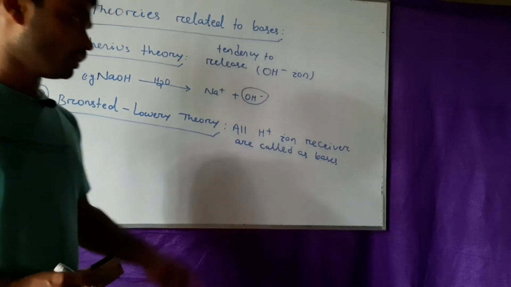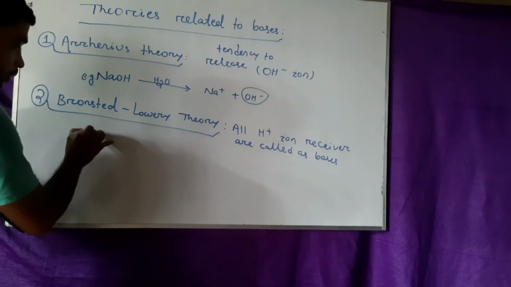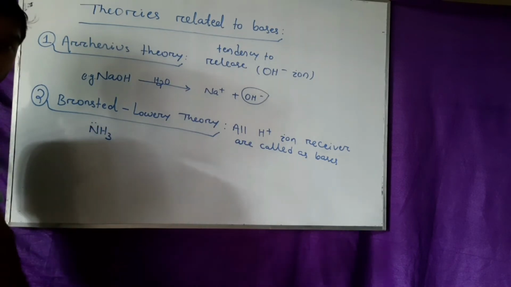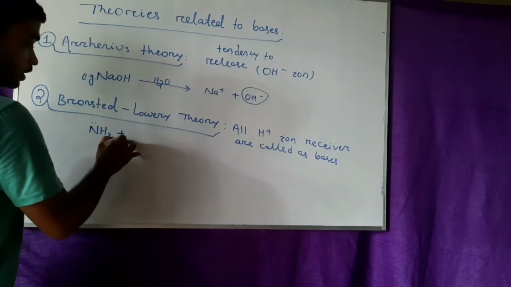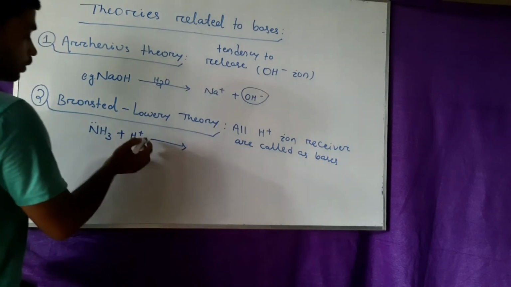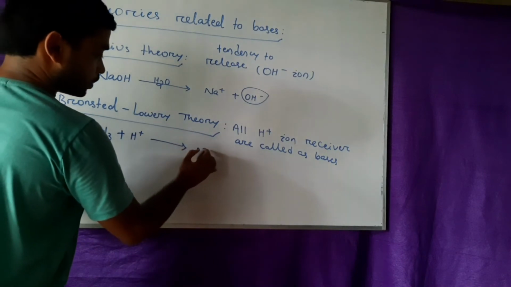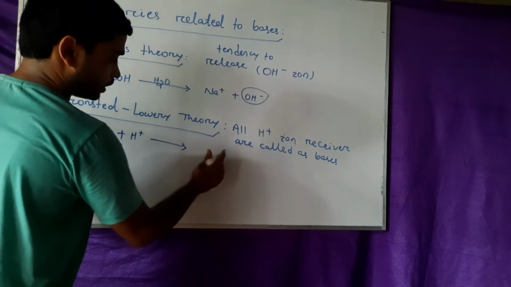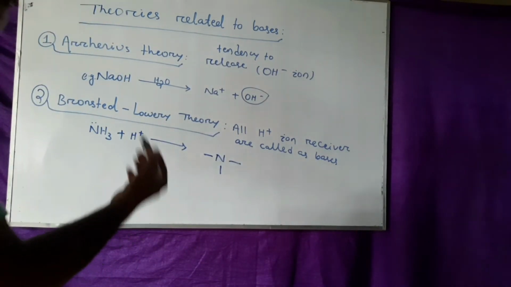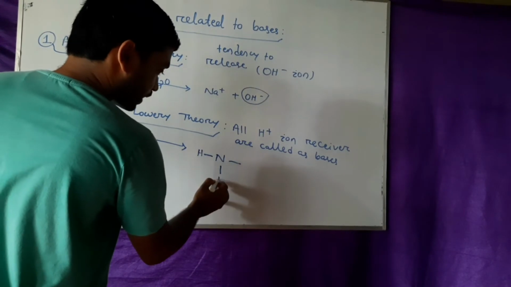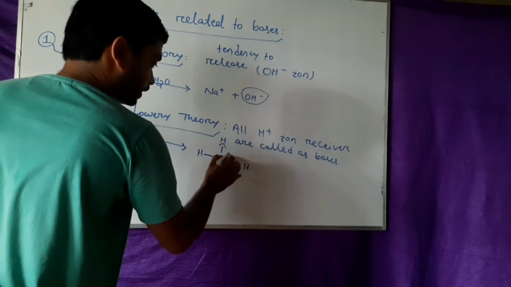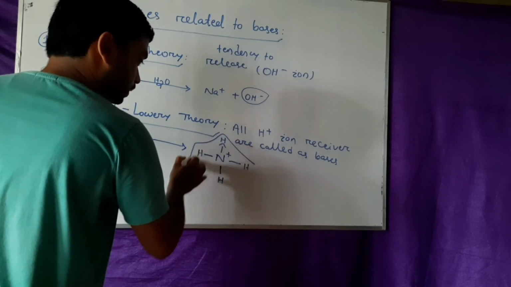I told in the acid section that in NH3 the nitrogen atom contains one lone pair of electron, and due to this it combines with the hydrogen ion. Due to transfer of the lone pair of electron to the hydrogen ion, it develops a dative bond with the hydrogen ion, and it develops a plus charge over it.